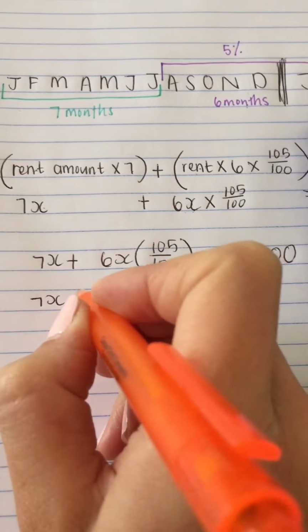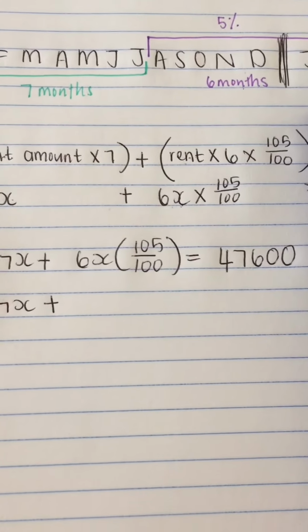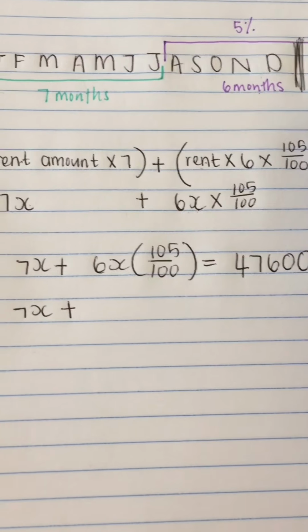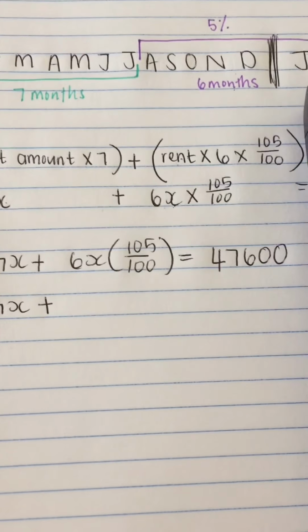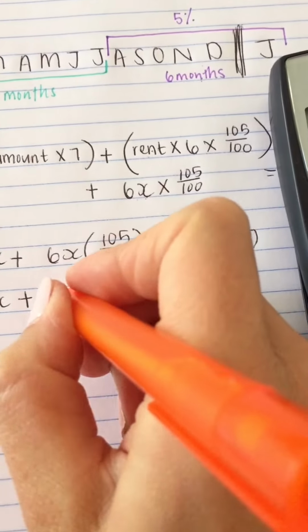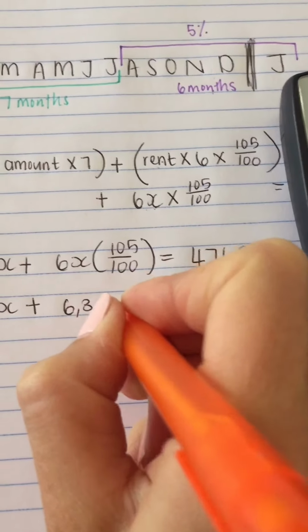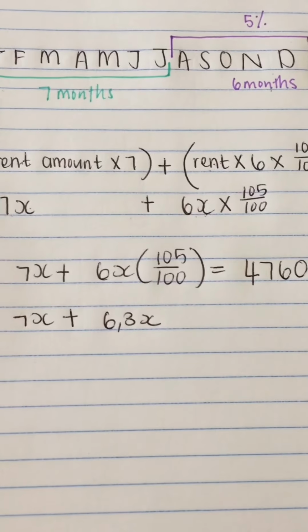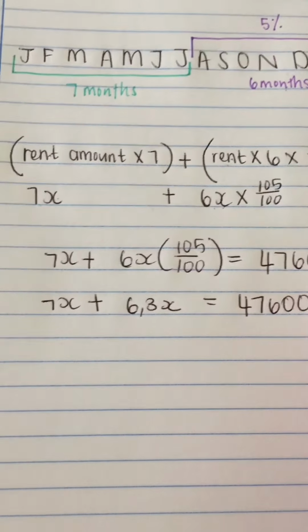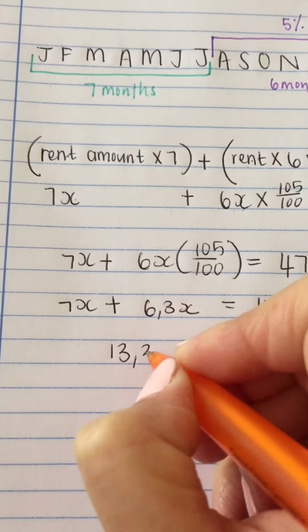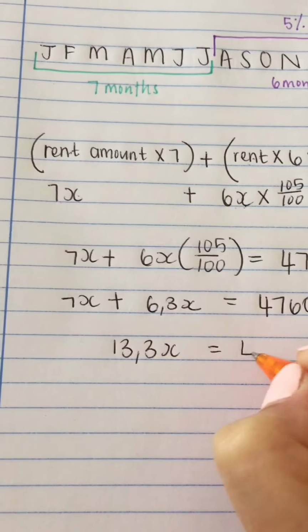7x stays 7x. Now I'm going to take the 105. I'm going to put it above the 100 as a fraction, and I'm going to multiply it with 6. Then I get 6,3x. Doesn't that look nice and simple? Then it becomes 13,3x.